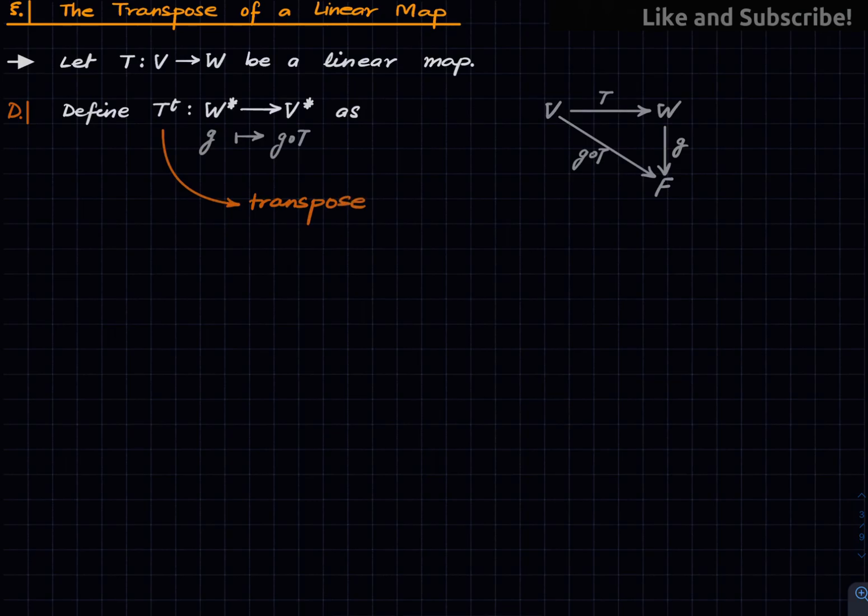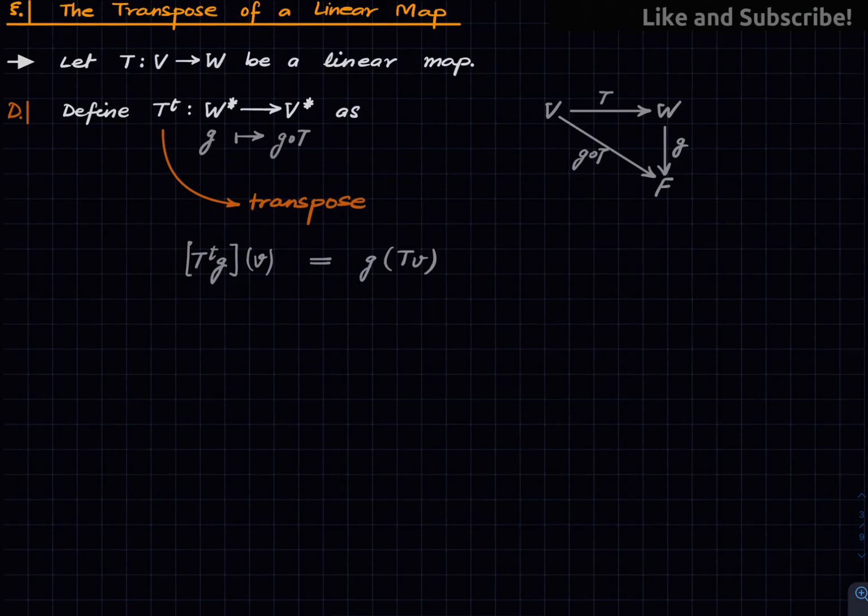Further, you can expand out by saying that T transpose of G is really that thing. What does it do to a vector in V? Now this is legitimate because this is a functional on V, and therefore you can feed a vector from V to it. What is it? This is equal to G of T of v.